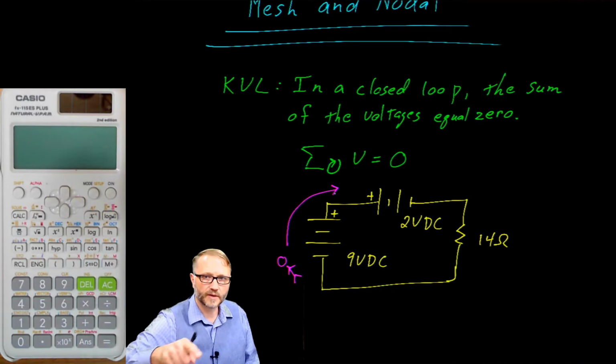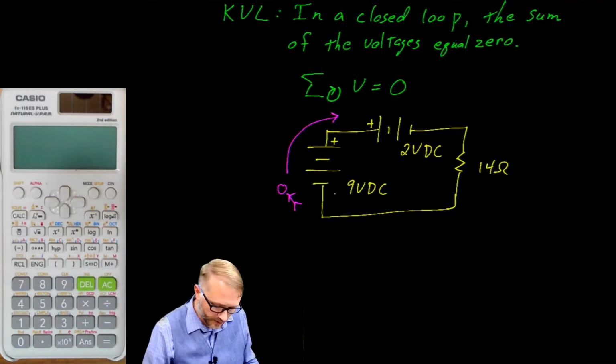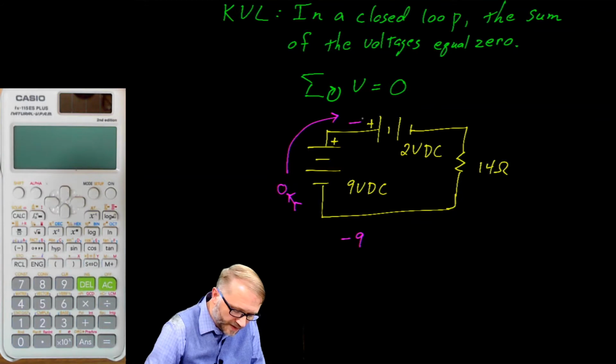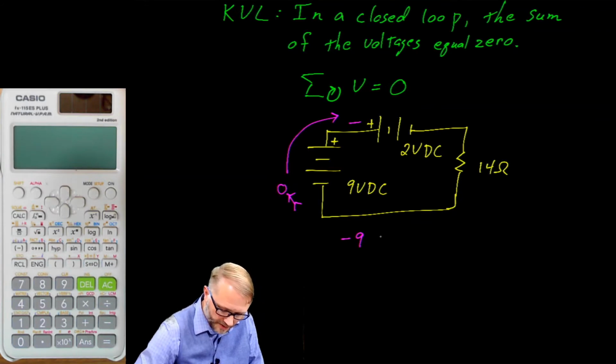We're going to go in a closed loop. We're going to write an equation. We start our journey at the negative terminal of the 9-volt battery. That gives us negative 9. We move here to the positive terminal of the 2-volt battery. So that's plus 2. Plus VR1 is equal to 0.